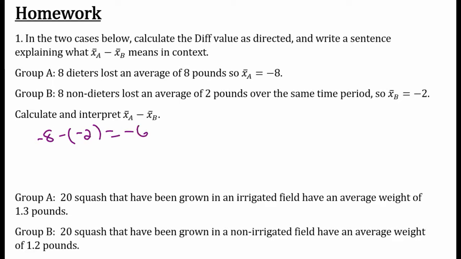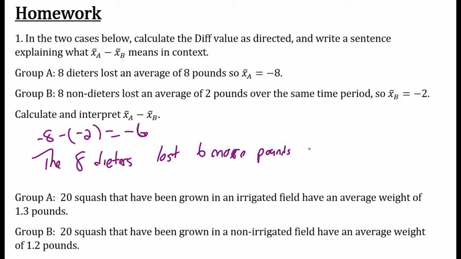So what does this mean? What does this calculation mean? What does that negative 6 represent? Well, we can see just from the numbers here, the 8 dieters lost 6 more pounds than the non-dieters on average.